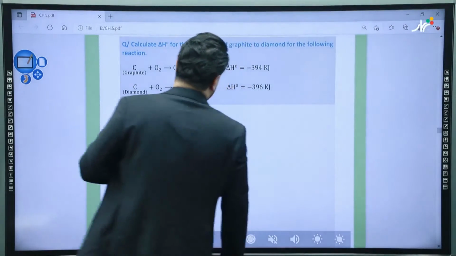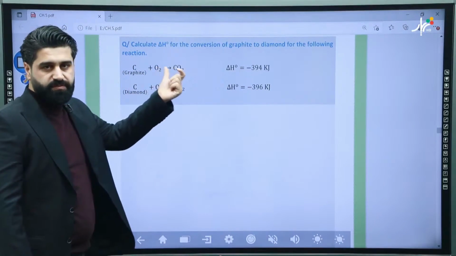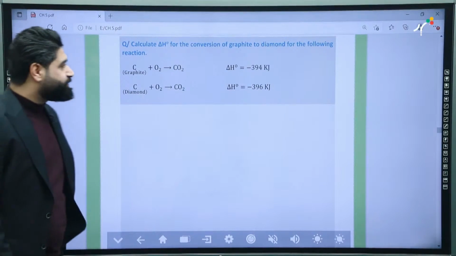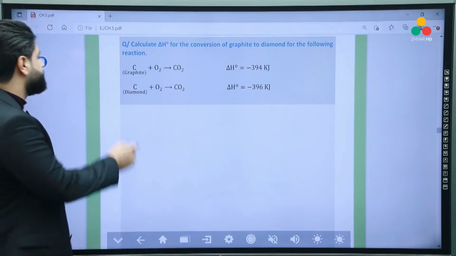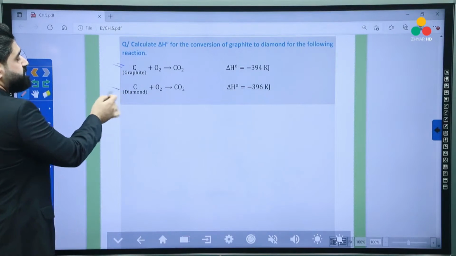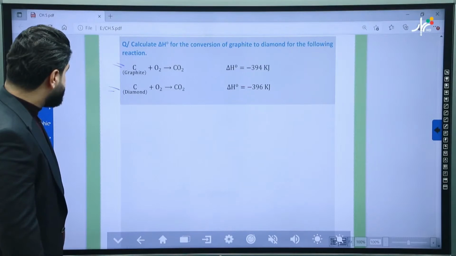Calculate delta H for the conversion of graphite to diamond from the following reactions. Look, it's quite a challenging question because there is no combustion and there is no formation. We have two reactions related to the conversion of graphite to diamond. How can we use them?